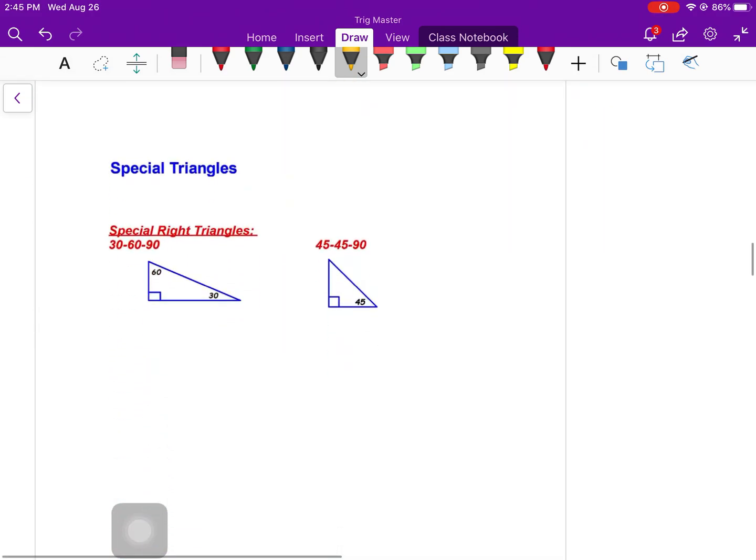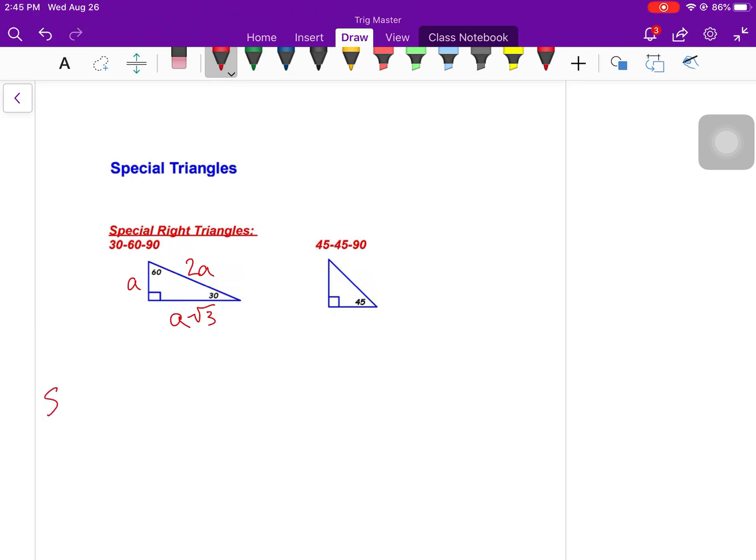Okay, so special right triangles. These are the ones that I've already mentioned in the past, I think. We've definitely done them in geometry. I'm sure you've seen them many times. You have shorthands on the ways to remember them. So I always had my 30, 60, 90 triangle as a, a square root of 3, and 2a.